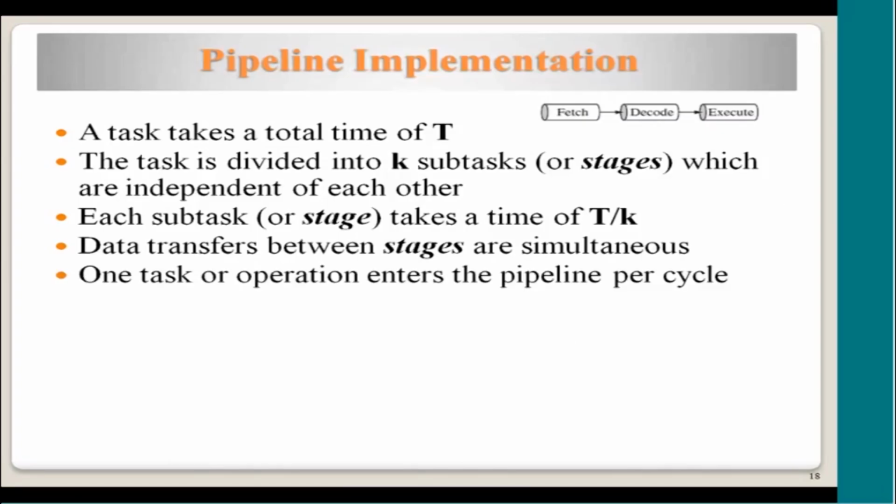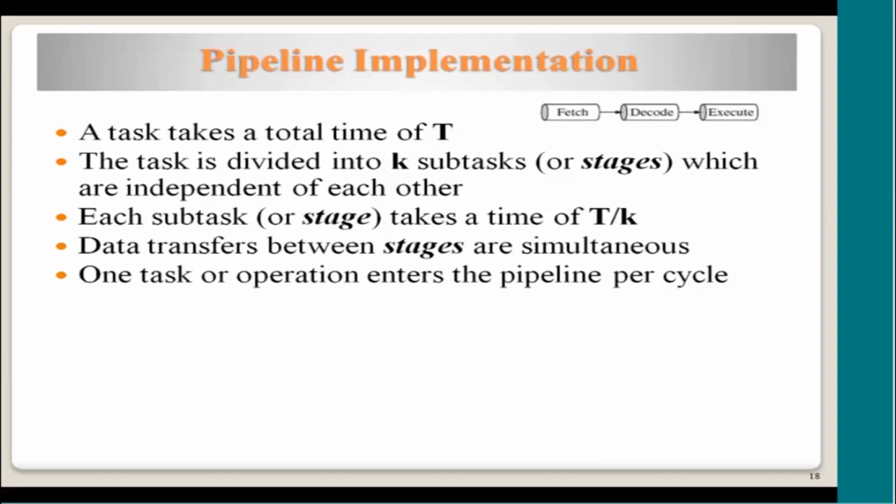So suppose there are sequential instructions and they keep coming into the pipeline. Assume the processor is powered on, so the pipeline is empty, and the first instruction comes in. The first instruction will be only here, so nothing is coming out yet. When the second instruction comes in, it is fetched here and the first instruction moves to the decode stage.